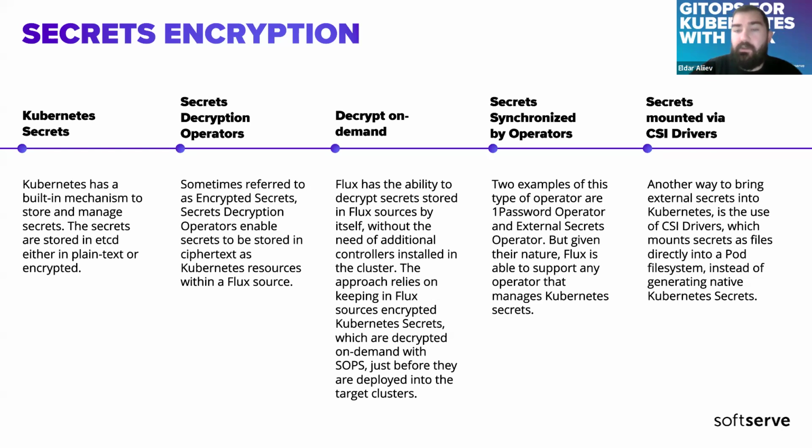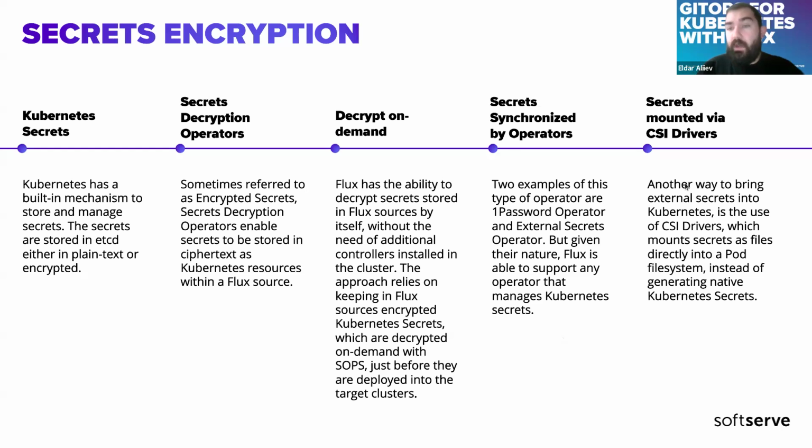In this case, you will store your secrets in some secret store service like AWS Secrets Manager or GCP Secrets Manager or HashiCorp Vault or something like that. And the External Secrets Operator will automatically replicate that secrets to your cluster. But again, it still will use the secrets in the unencrypted way.